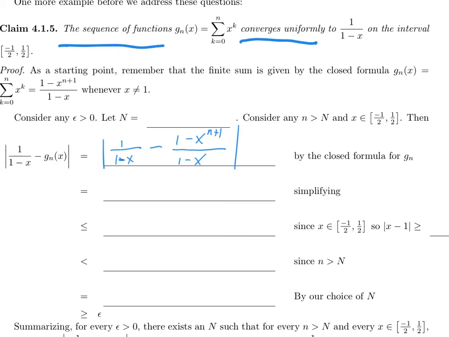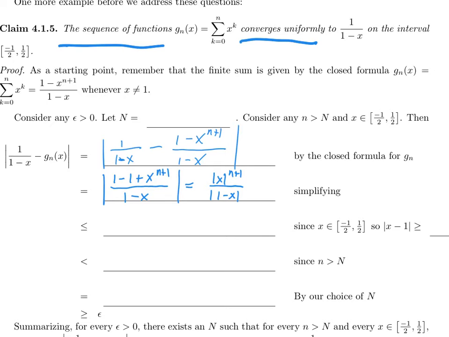We can get a common denominator. We already have a common denominator, so it's easy to subtract these fractions: 1 minus 1 plus x to the n plus 1. And you see that the 1 minus 1 will cancel. So let's simplify that a little bit. That'll be the absolute value of x to the n plus 1 divided by the absolute value of 1 minus x.